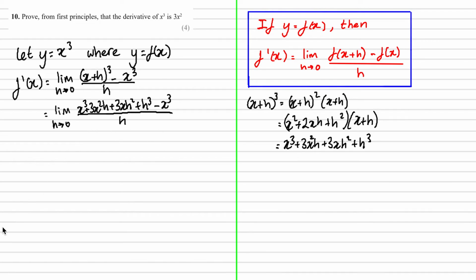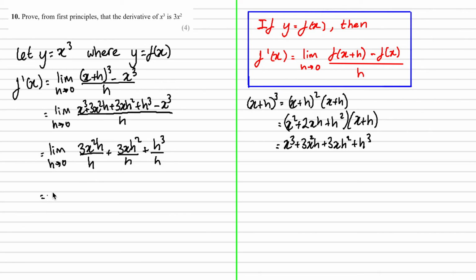Now x cubed minus x cubed is 0, so this is the limit as h tends to 0 of 3x squared h, and what I'm going to do with these remaining 3 terms is express them individually over the same denominator, because they share the same denominator. So 3x squared h over h plus 3x h squared over h plus h cubed over h.